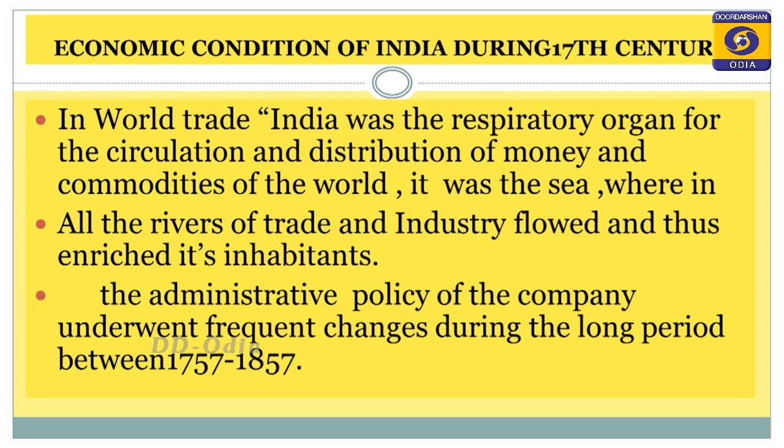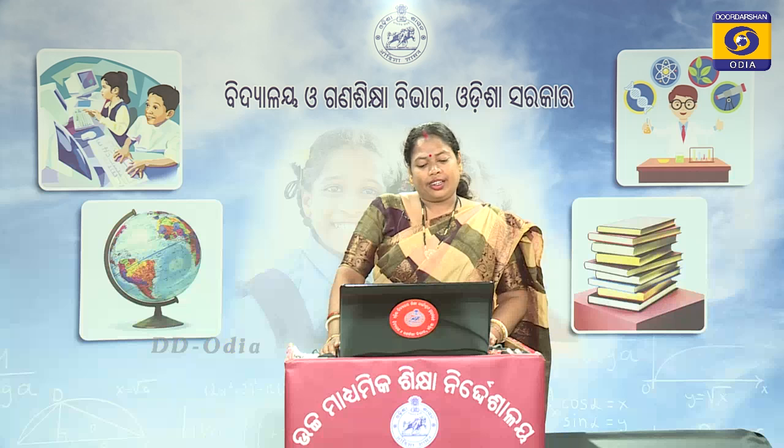In world trade, India was the respiratory organ for the circulation and distribution of money and commodities of the world. It was the sea wherein all the rivers of trade and industry flowed and thus enriched its inhabitants. The administrative policy of the company underwent frequent changes during the long period between 1757 and 1857.